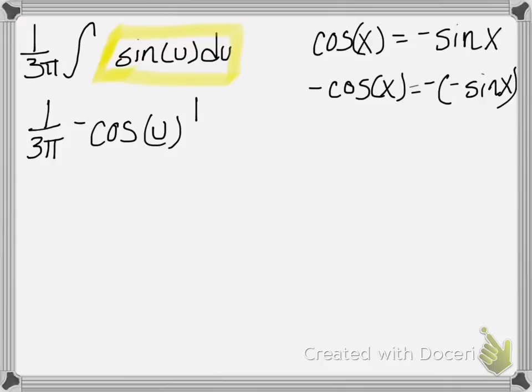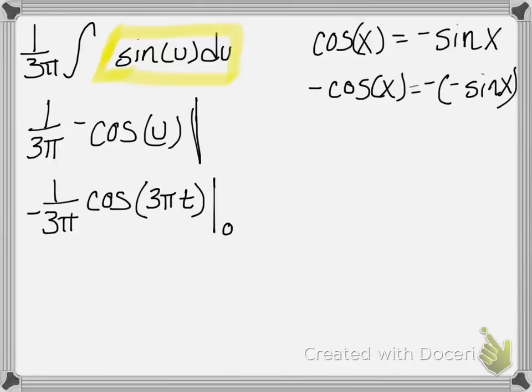But we still are going to be taking this over a specific interval. So it's going to be negative 1 over 3 pi cosine, and I was just going to plug in what we had. I think that was 3 pi t, and that was from 0 to 1. Yeah, I think that looks right. Okay, so now we use our f of b minus our f of a.